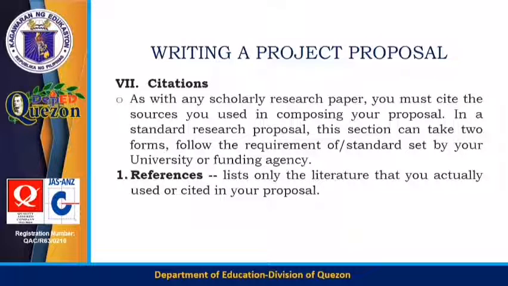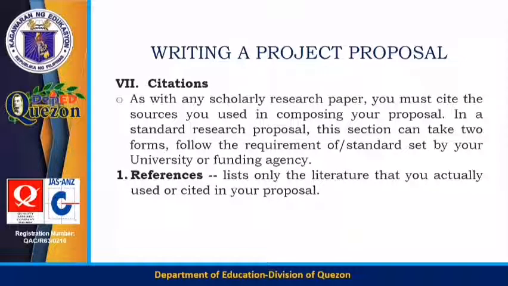So number 1, references. References is a list, or references list only the literature that you actually used or cited in your proposal. Because there is a distinction between references and bibliography.